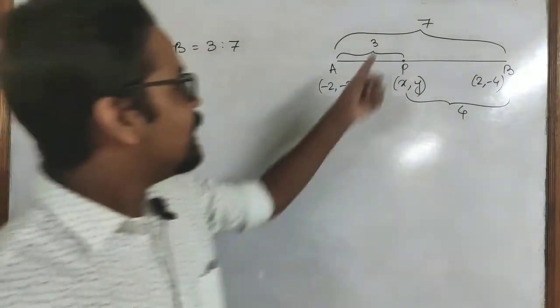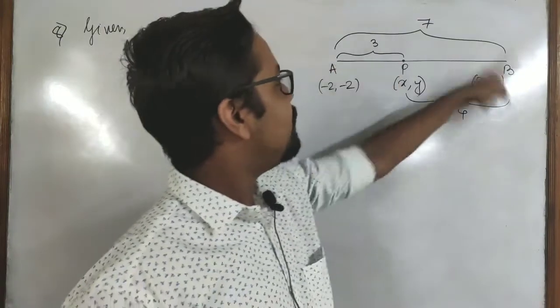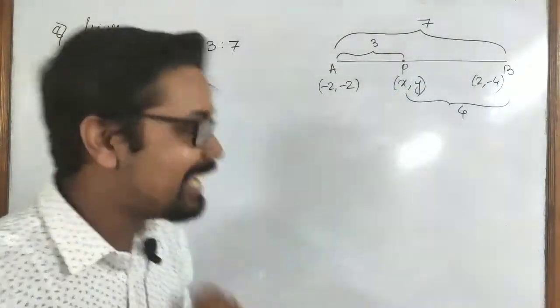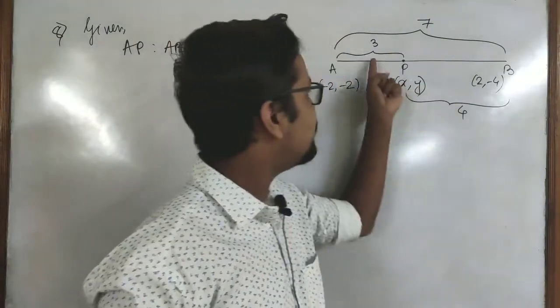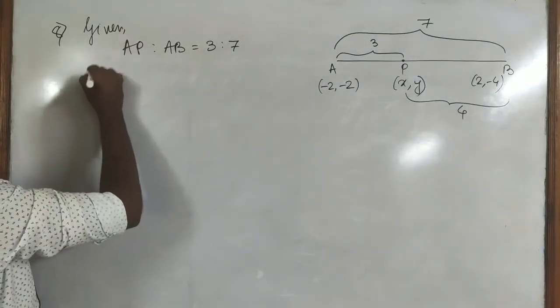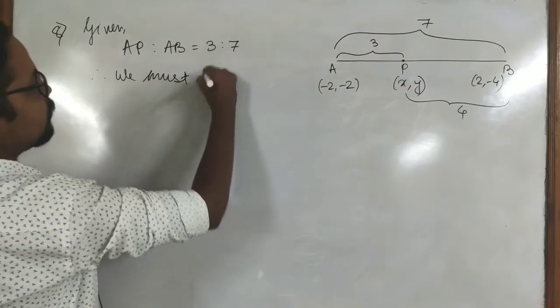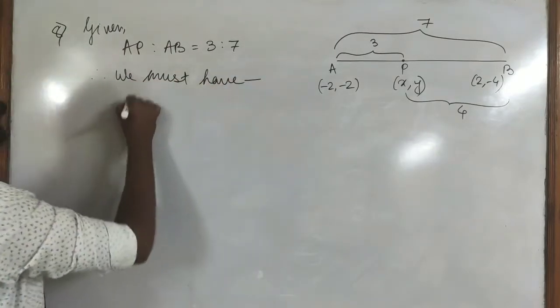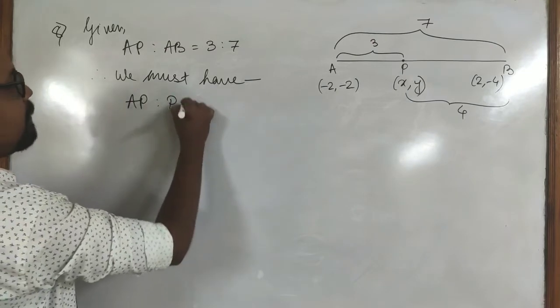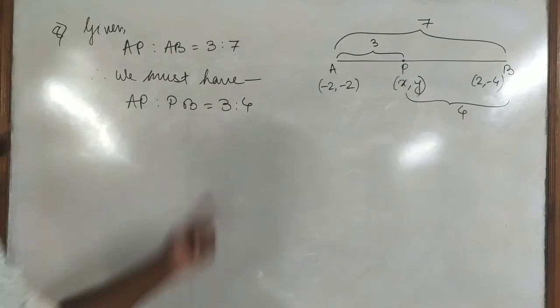Hope you understand. 3 and 4 will add up to be 7. So if AP is to AB is 3:7, in that case AP is to PB will be 3:4, right? So therefore we must have AP is to PB equal to 3:4, right?